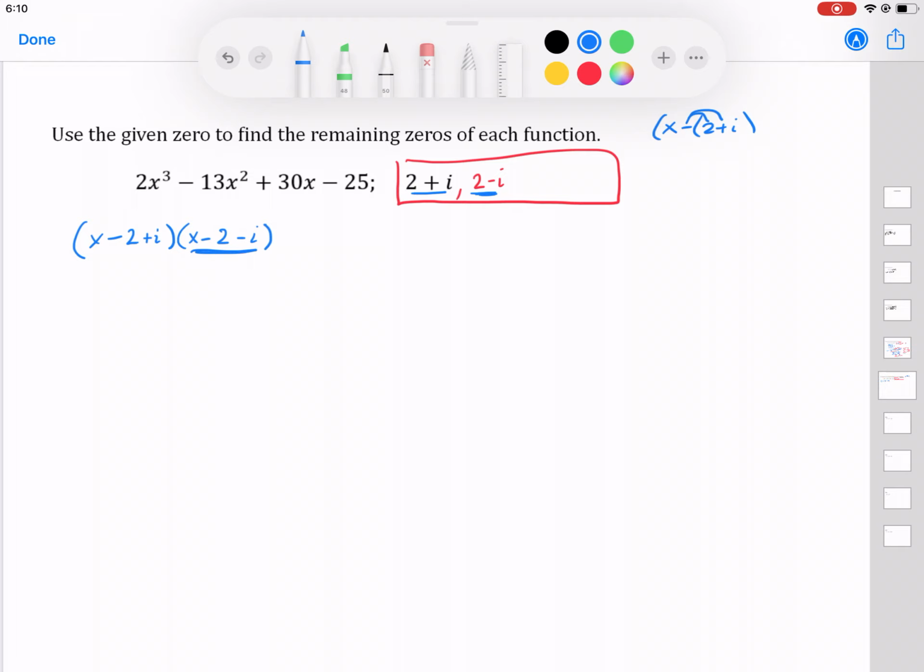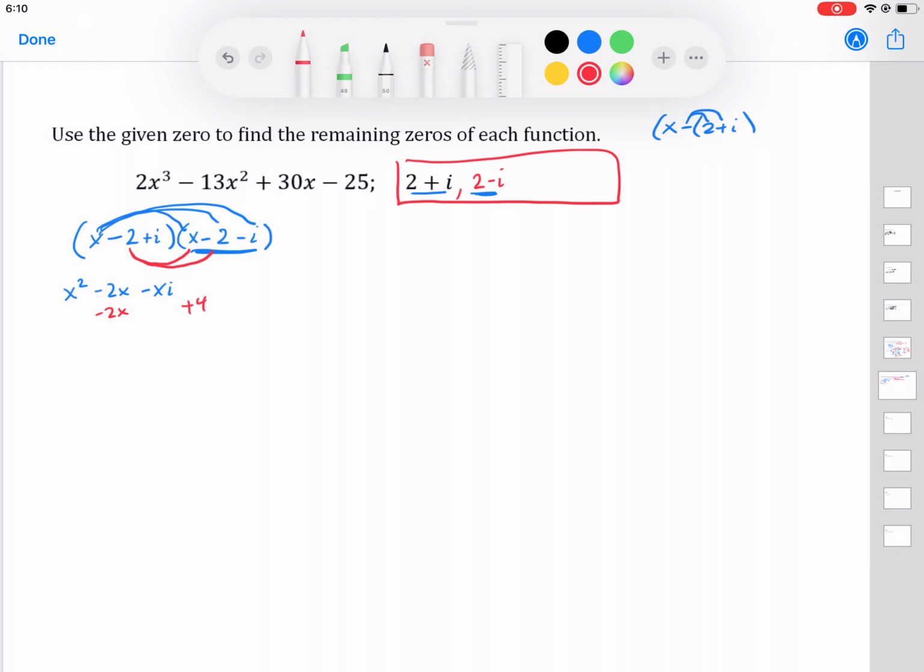And then I'm going to go ahead and just start distributing like crazy. So we have x times x is x squared. x times negative 2 is negative 2x. x times negative i is negative xi. I'm actually going to do this next one on the next line. So this will be negative 2x. Negative 2 times negative 2 is a positive 4.